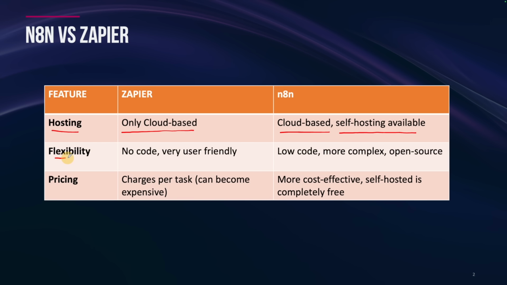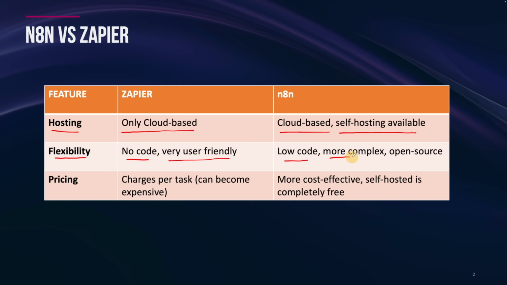In terms of flexibility, Zapier is a no-code solution. It doesn't require any sort of coding whatsoever, and it's very user-friendly. Now, n8n, on the other hand, also supports a bit of no-code, but it's mostly low-code, which means that you don't have to write a lot of code, but there is usually a bit of code involved. It's not very complex, but it does need a bit of coding in certain automation workflows.